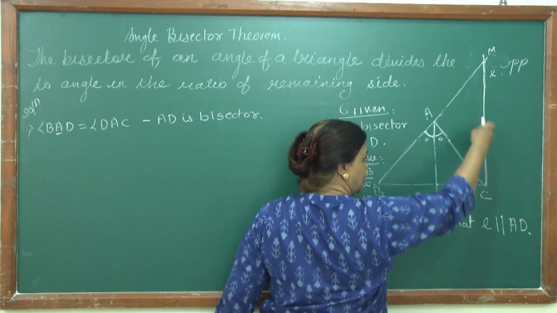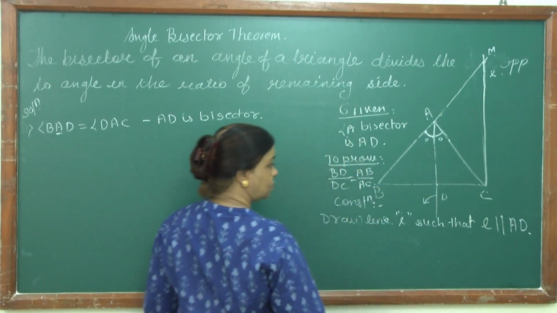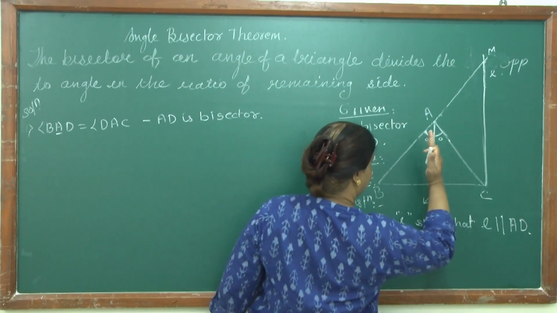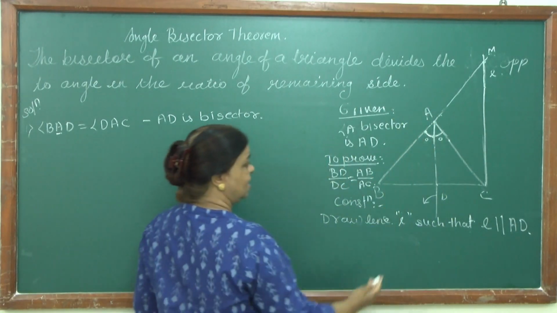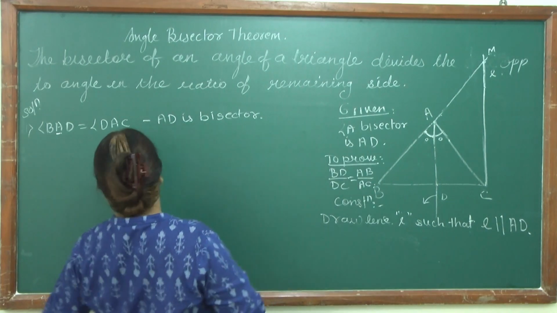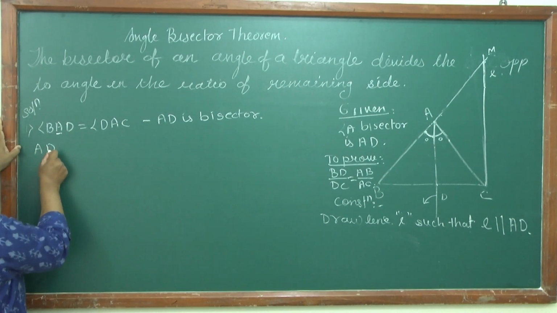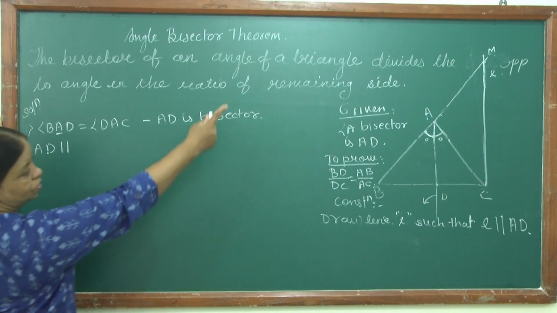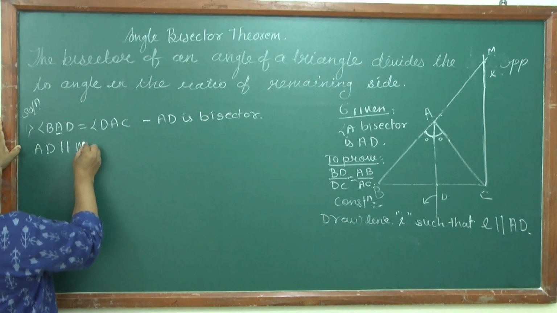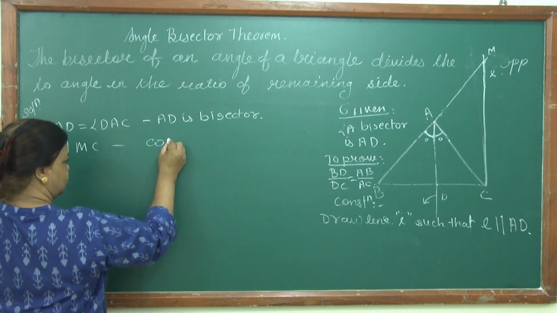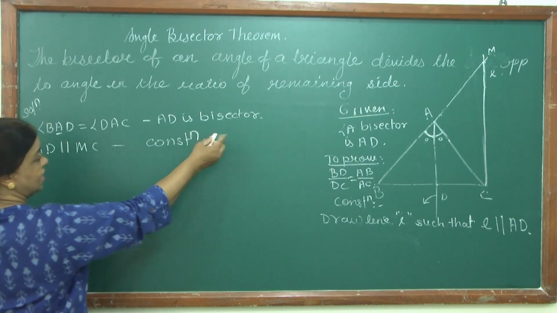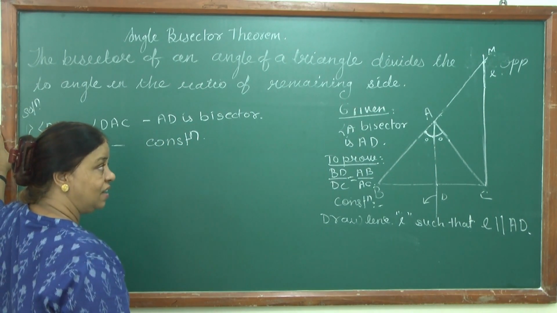We have already drawn the parallel line, children. Let's say AD is parallel to MC. Reason: construction. We have constructed it, therefore it is parallel.